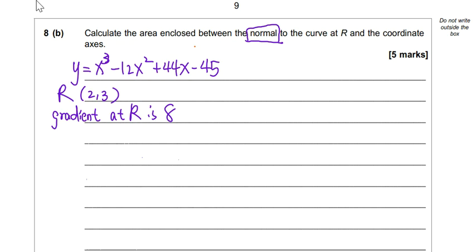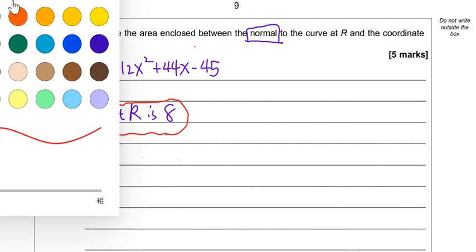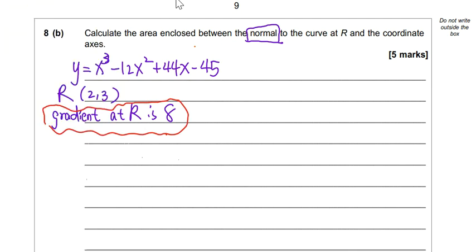For this question, I think we can know the gradient of this line and 1 point. The gradient at R is 8. That is a tangent line.